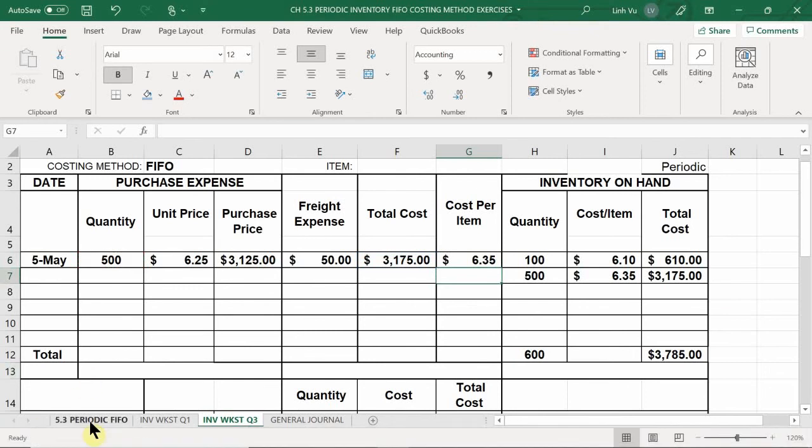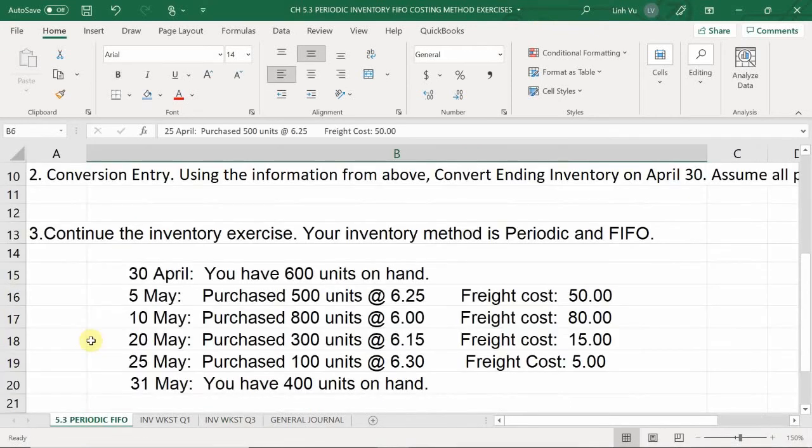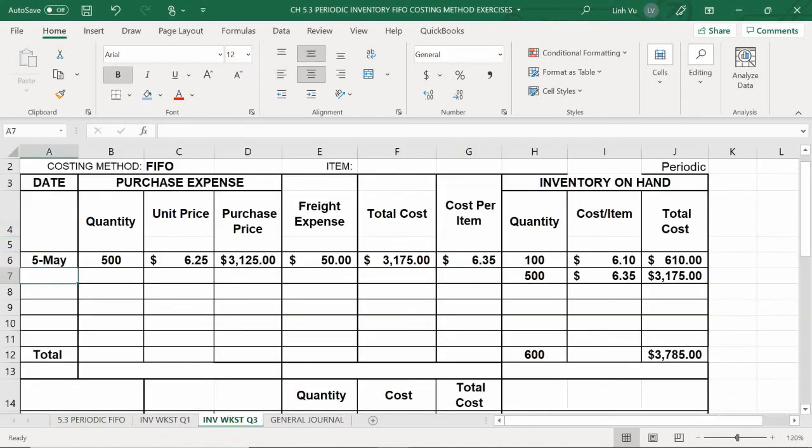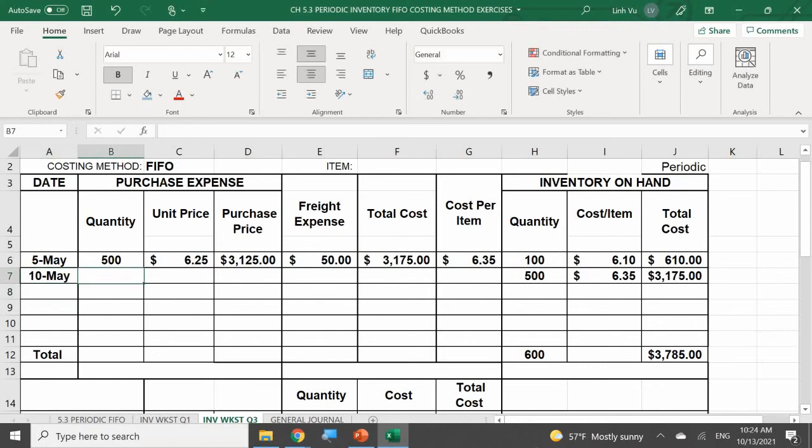Then on May 10, we purchased an additional 800 units at $6 each with the freight costing $80. So it is May 10, 800 units at $6 each with a freight of $80.